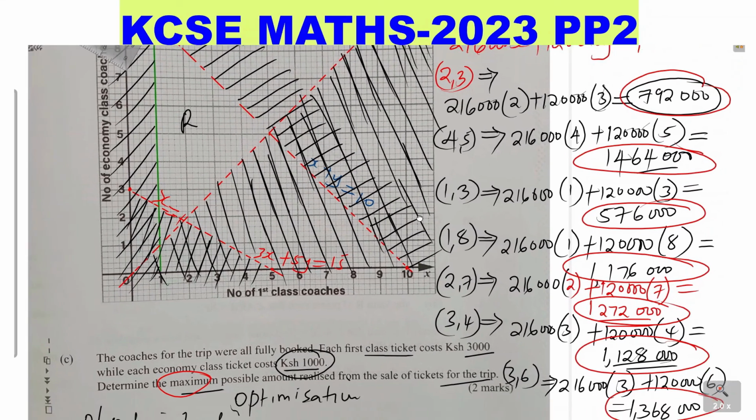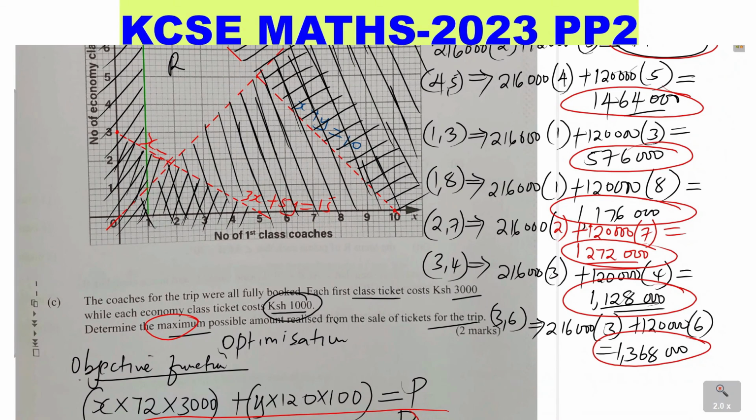The one giving the highest amount among all these is this one, 1,464,000, and that is (4, 5). 4 meaning number of first class coaches 4, number of economy class coaches 5. So that is the one that is giving the maximum.